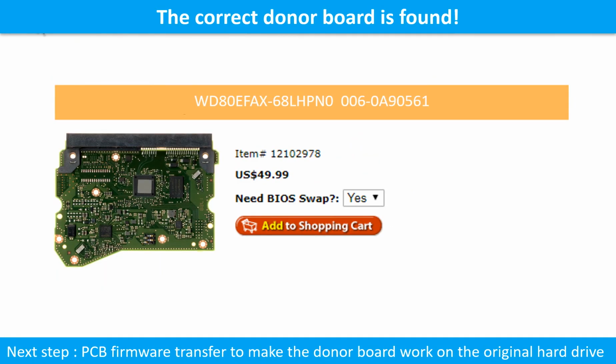We found the correct donor PCB board for the hard drive, but this is only the first step. The next step is to do the PCB board firmware transfer to make the donor board work on the original hard drive.